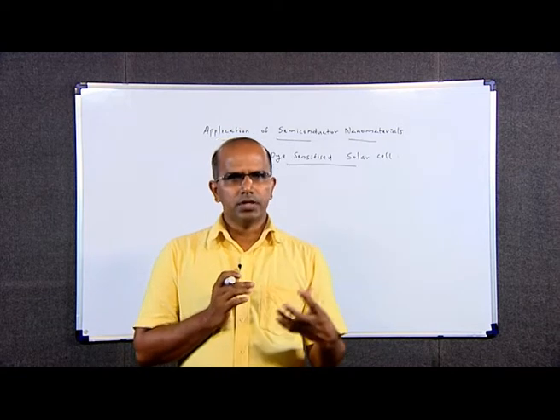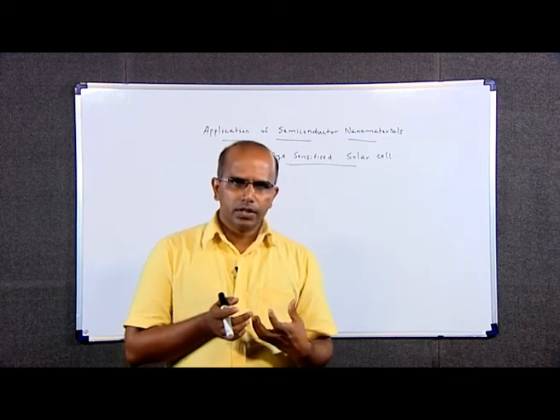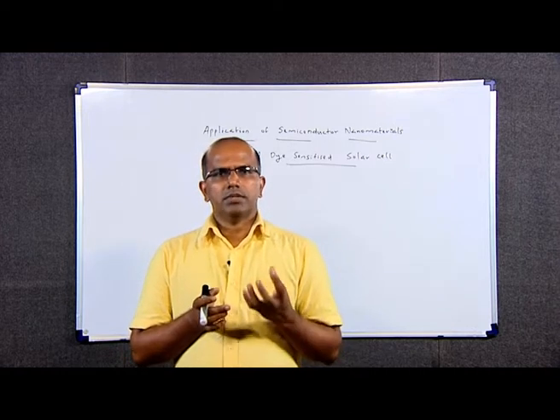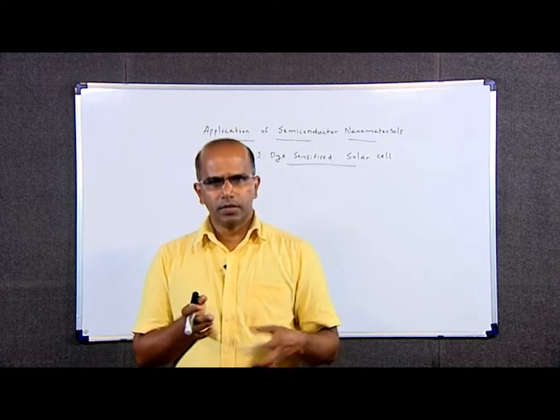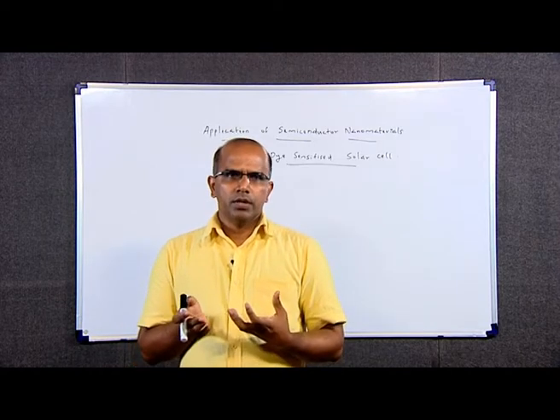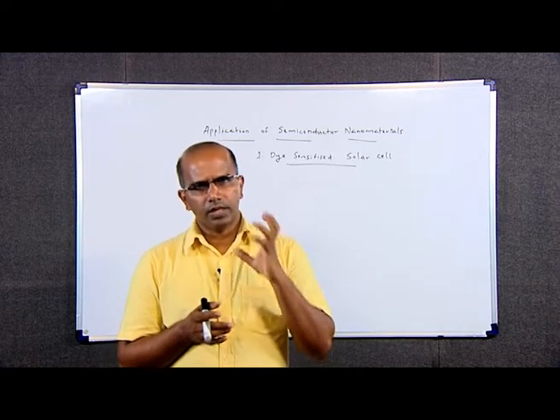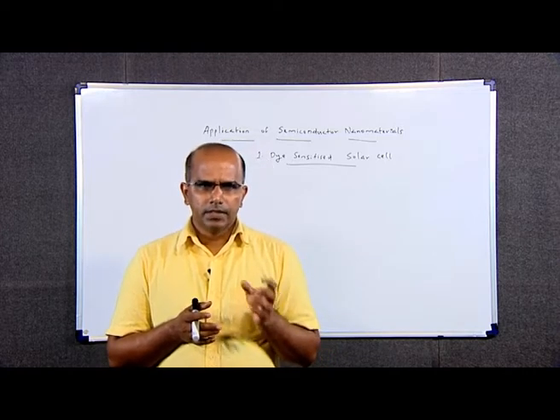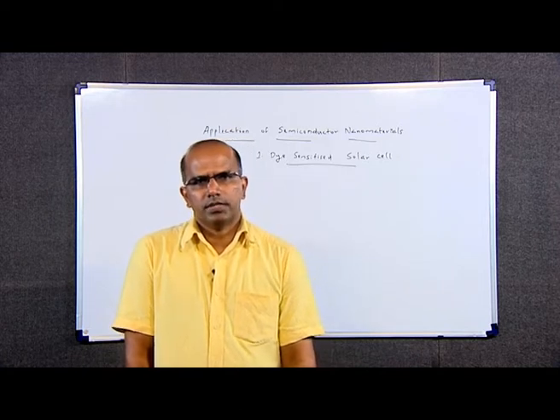So, you can produce different colored dye-sensitized solar cells, and you can also keep the transparency, and you can integrate that dye-sensitized solar cell into your window glasses or into your building, etc. So, the integration is possible, whereas the silicon solar cell you always have to keep on the rooftop where you will get the maximum amount of sunlight. That is the third advantage of dye-sensitized solar cell.